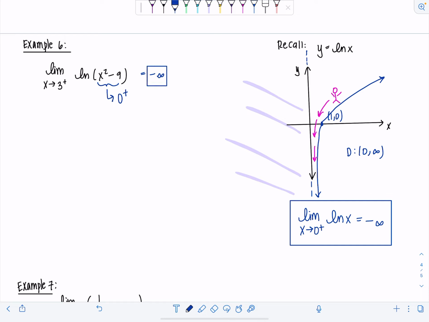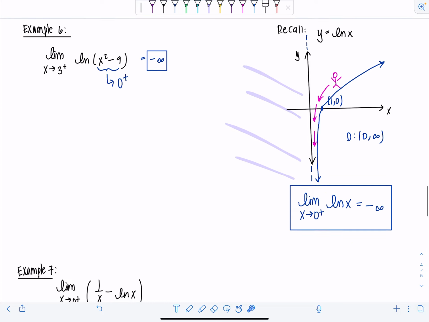So there's really not a ton of work to show on this example. Just identify that x squared minus 9, the argument, approaches 0 from the right. And then you need to know the graph of ln of x, okay? Your teacher cannot keep showing this to you over and over. Frankly, you have to just be responsible and learn the basics to do your calculus.